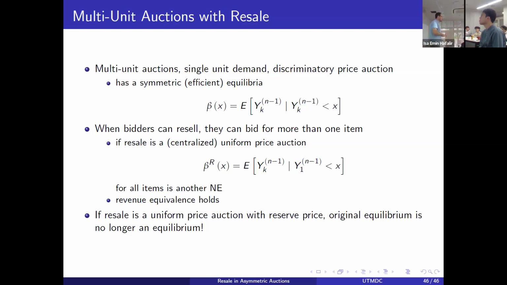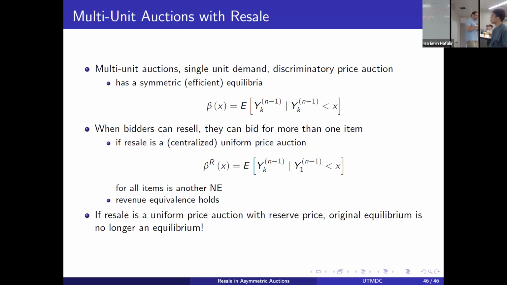The complication with this was that we were able to show the following. We showed that when we have only 2 bidders, we can show that there is an equilibrium.